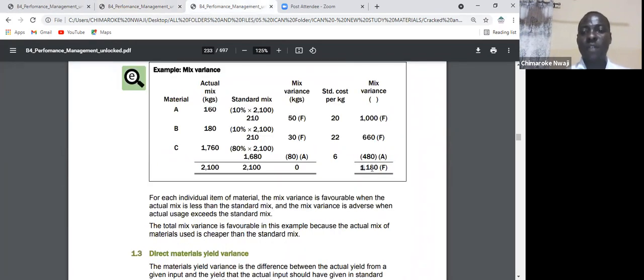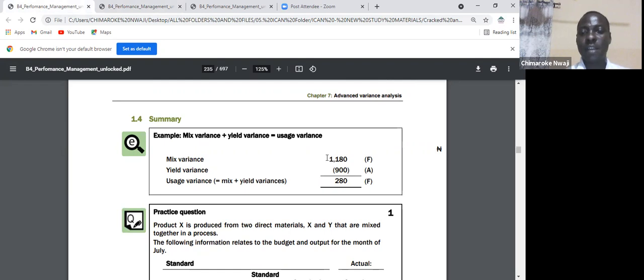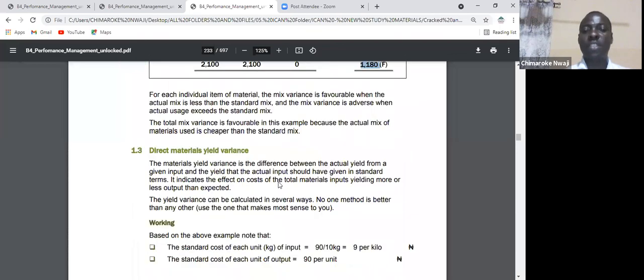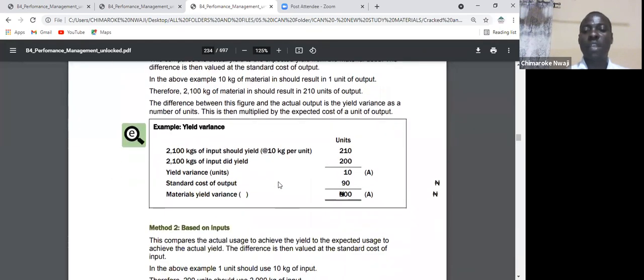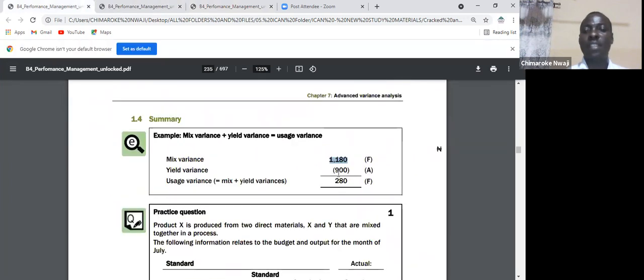We had 1,180, which is the same thing here, 1,180. And our yield variance, which we just solved, happens to be 900 adverse. So favorable plus adverse, everything is 280 favorable, just the way we had it in the usage variance when we did them one after the other.